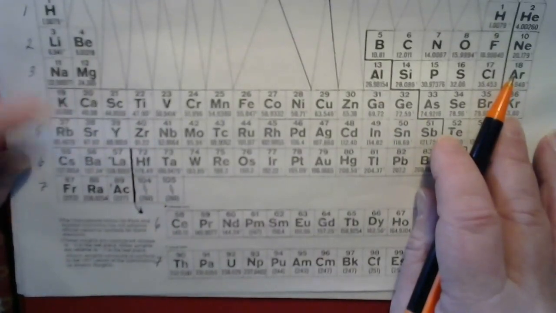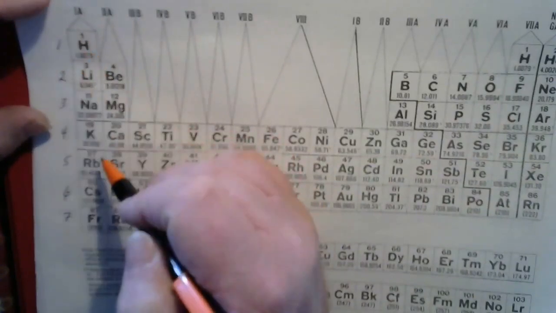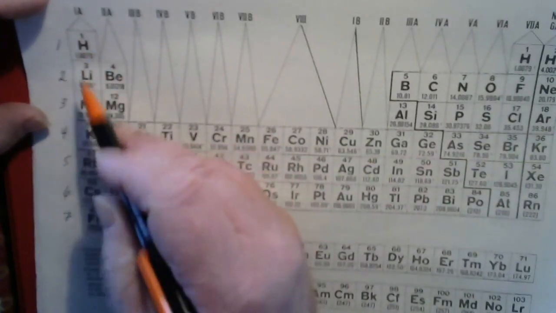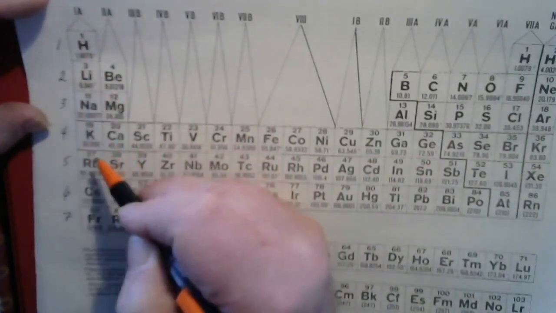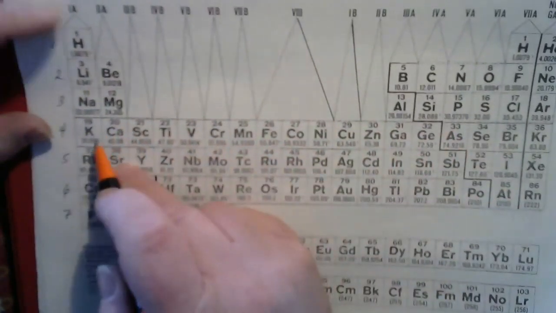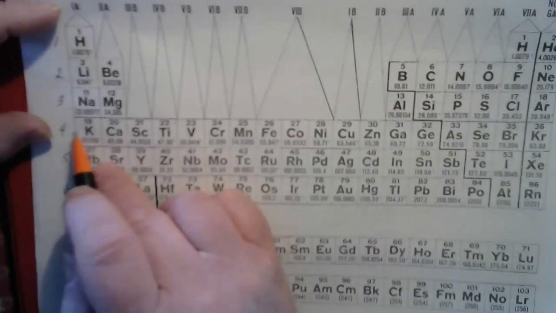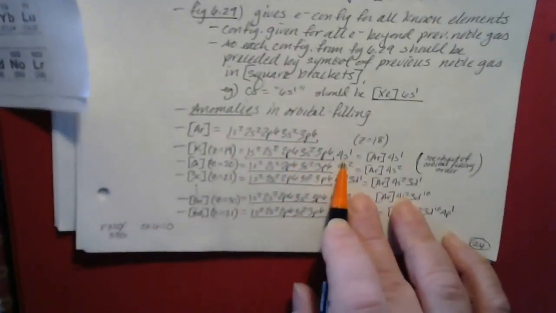And what potassium has beyond argon would be 1 single electron in the s-type orbital, because this is the s block of shell number 4. So the configuration for potassium should be [Ar] 4s1. And that is exactly what it is.